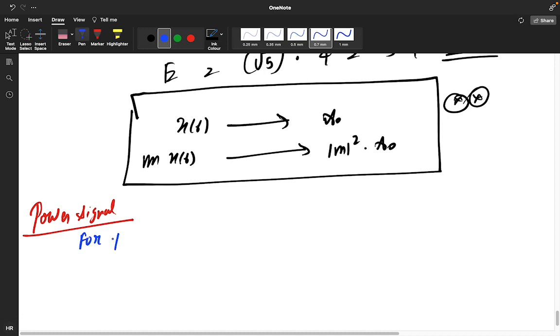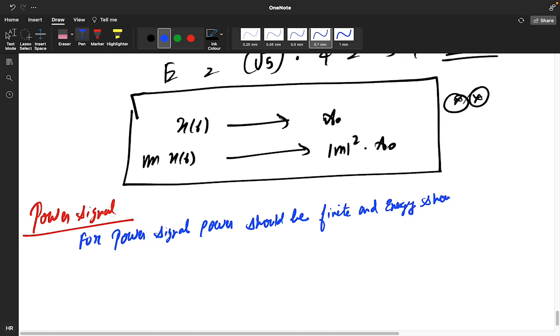For a power signal, power should be finite and energy should be infinite.